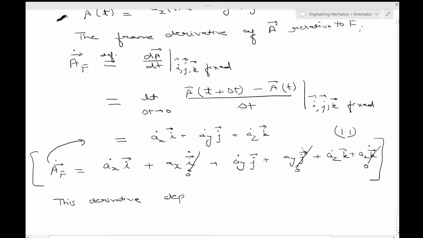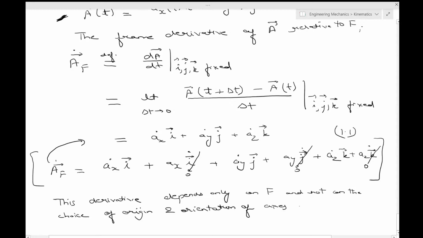depends only on F and not on the choice of origin and orientation, axis.